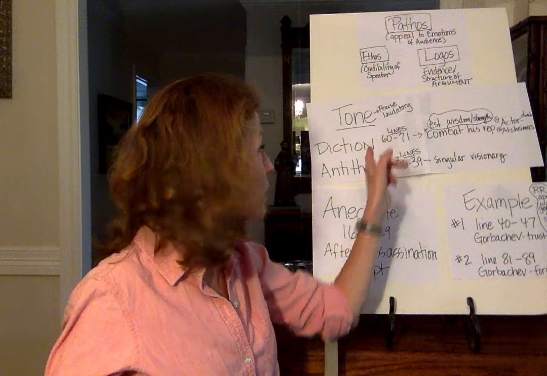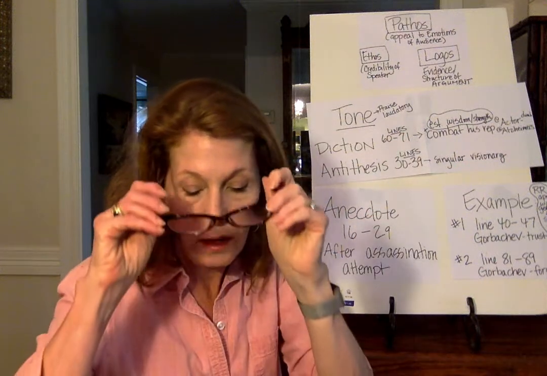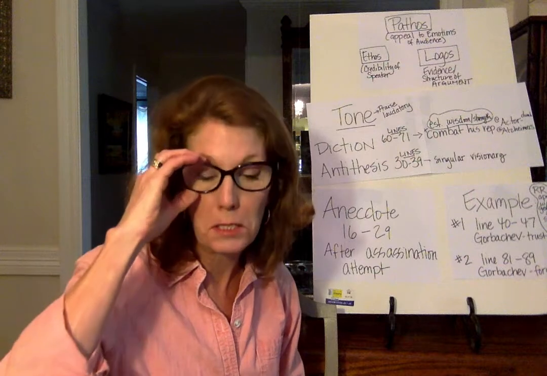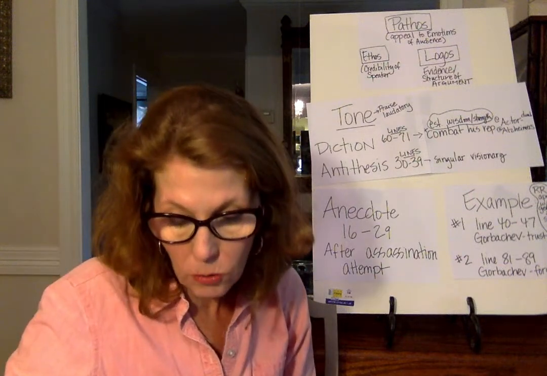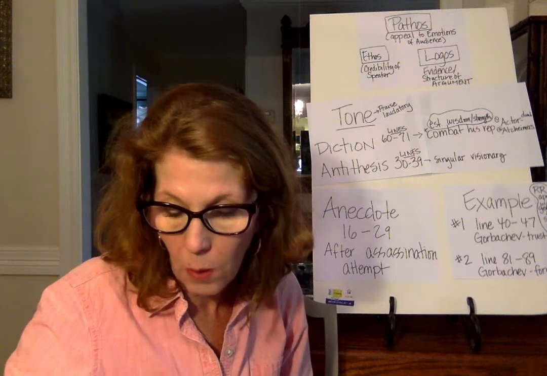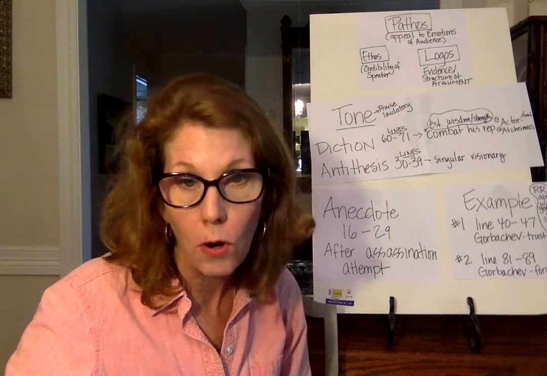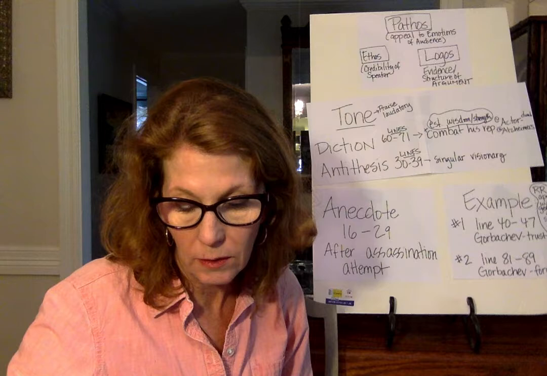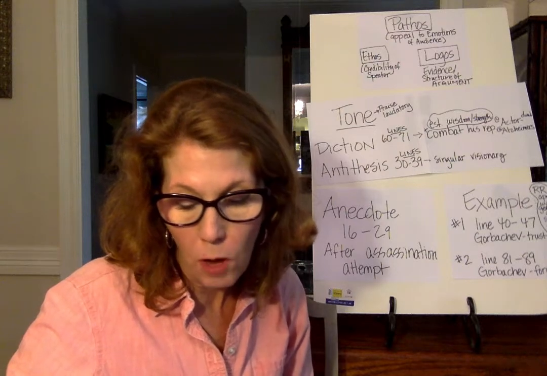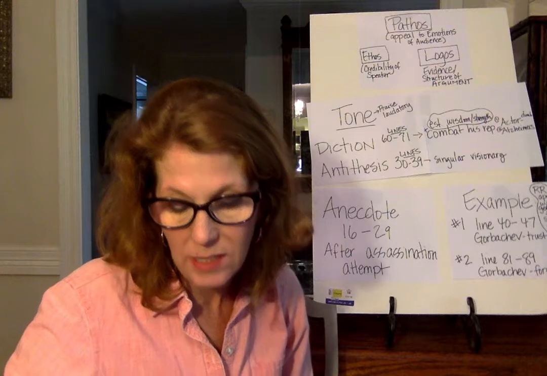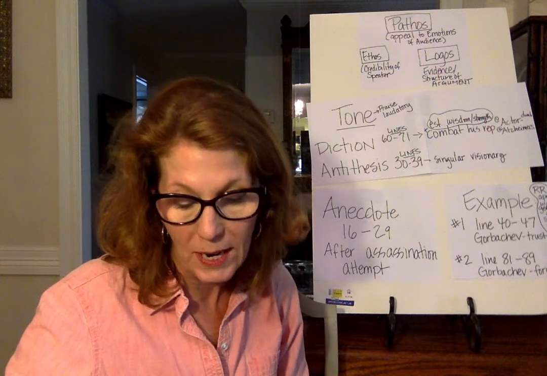If you take a look at lines 60 to 71, you're going to find a lot of words that emphasize that, okay? Take a look at line 64. He was not baffled or disoriented or overwhelmed. Line 64, he knew almost instinctively what to do. Line 68, he's referred to as the old man.